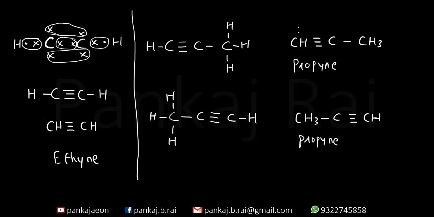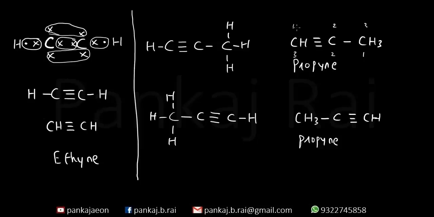Let us concentrate on numbering. Now the rule of numbering says that numbering should begin from the carbon atom which is nearest to the triple bond. There are 2 possibilities of numbering, which is 1, 2, 3 or 1, 2, 3. In this numbering, the triple bond is closest to this carbon atom.